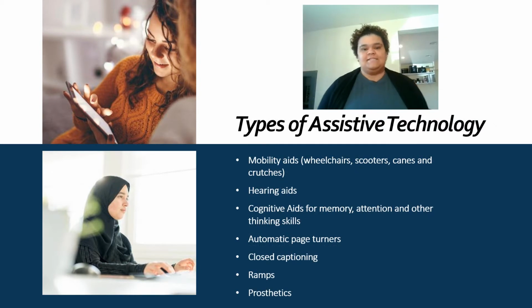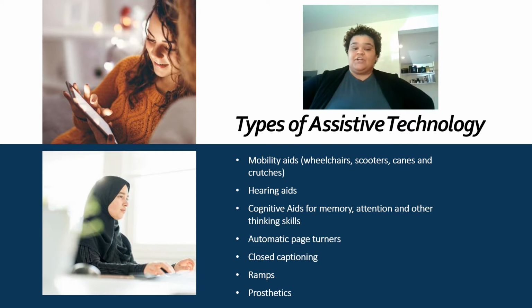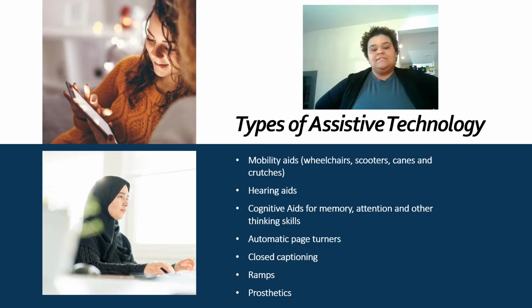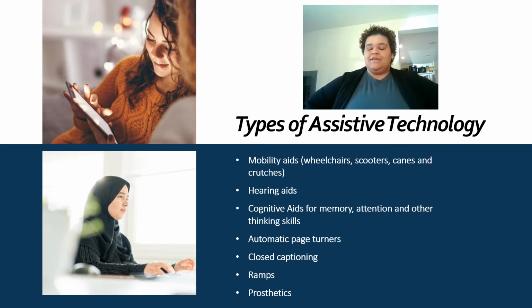As stated in the last slide, different types of assistive technology consist of mobility aids such as wheelchairs, scooters, canes, and crutches, hearing aids, cognitive aids for memory, attention, and thinking skills, automatic page turners, closed captioning, ramps, and prosthetics. These devices really help the disabled be able to do things that they wouldn't be able to do otherwise.